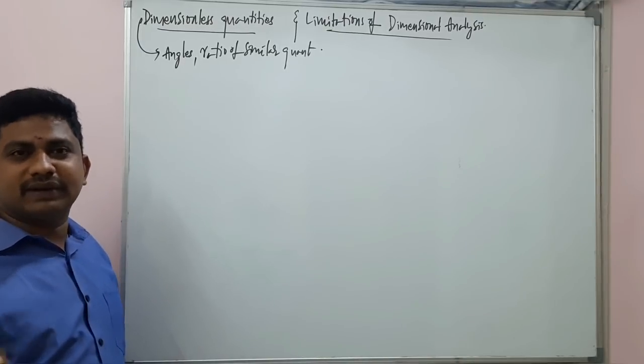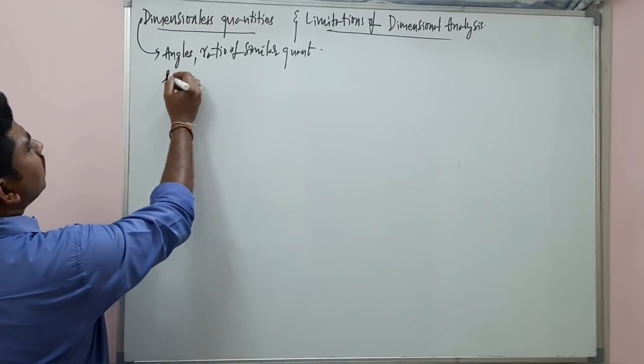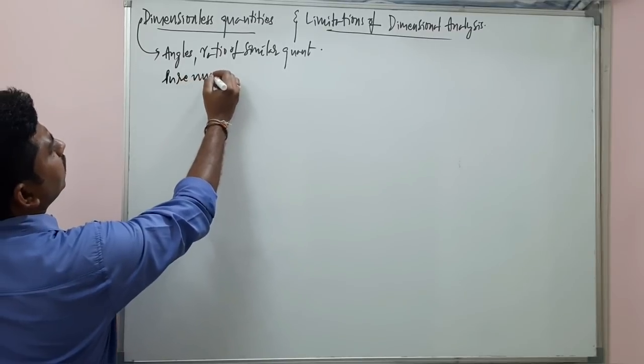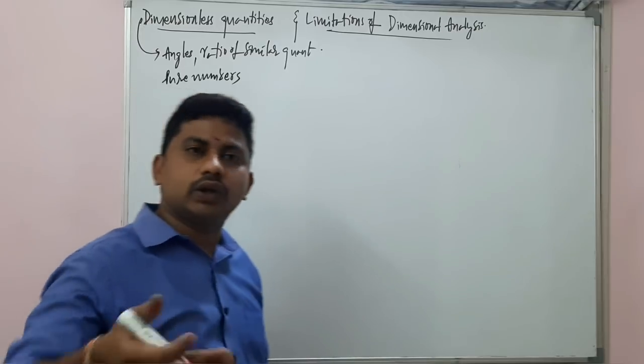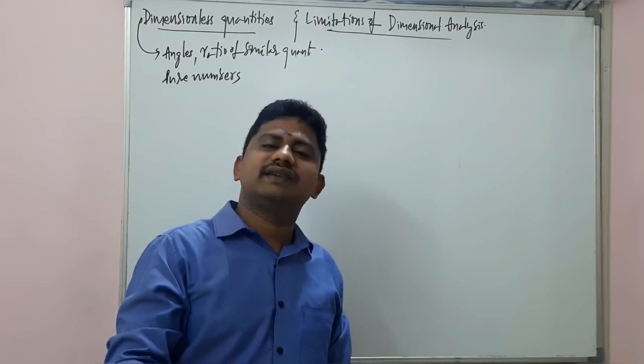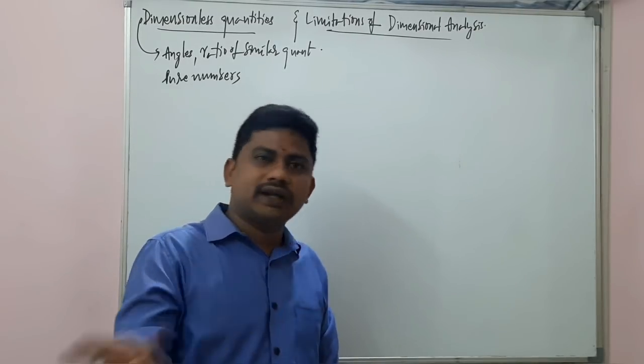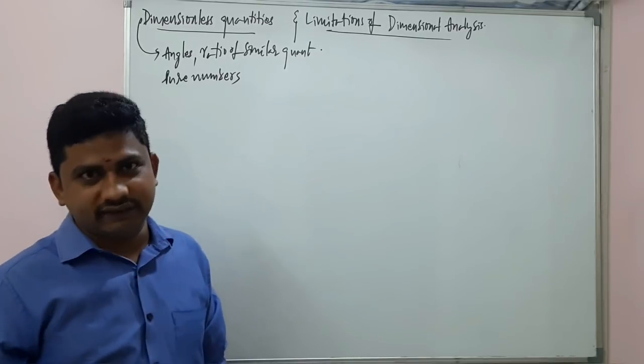Pure numbers will not have any dimension, like 1, 2, 3, 4, including pi. Pi has a value of 3.14, but it will not have a dimension. Numbers will not have dimensions.